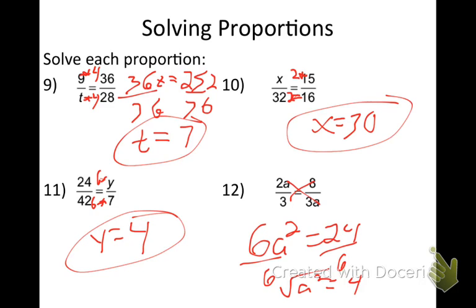What undoes a square? Square root. Square root of 4 is 2 or negative 2. Because you're doing the square root in an equation, you need to include both the positive and the negative values. So it is plus or minus 2.